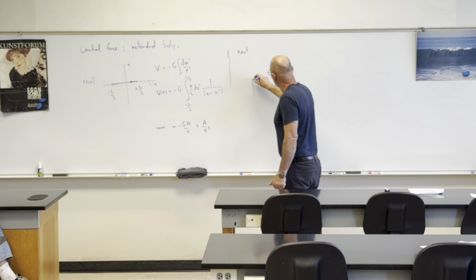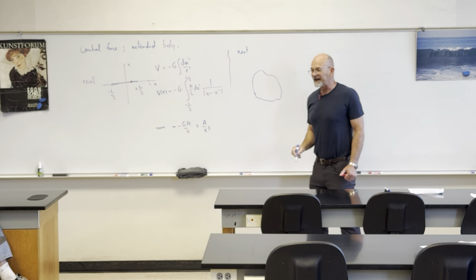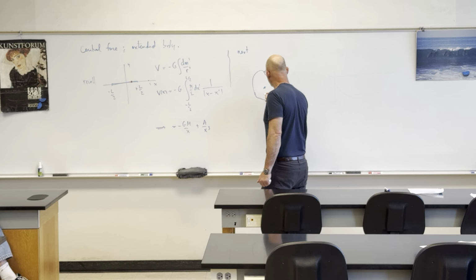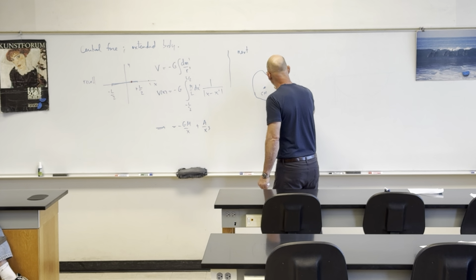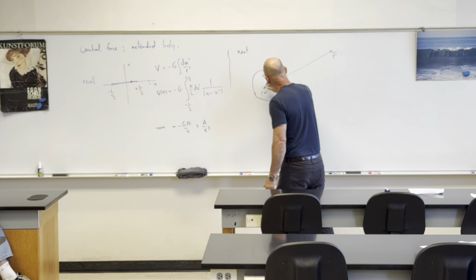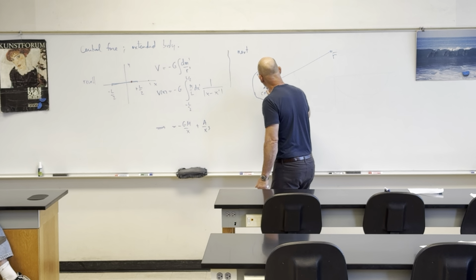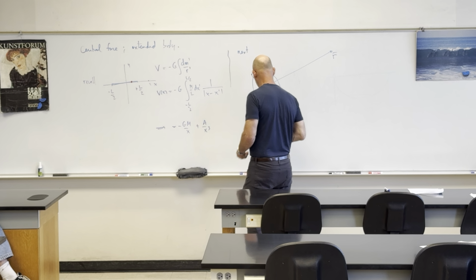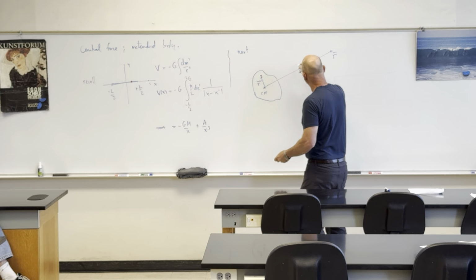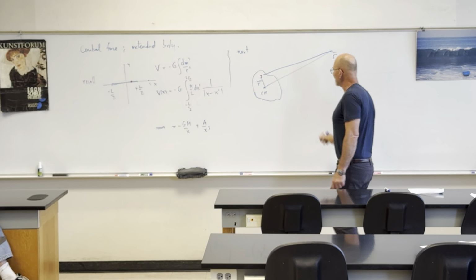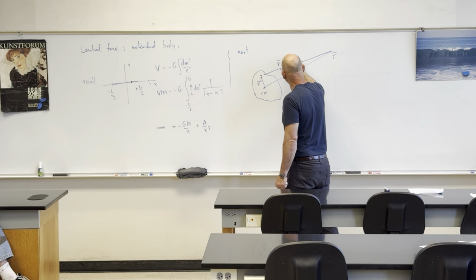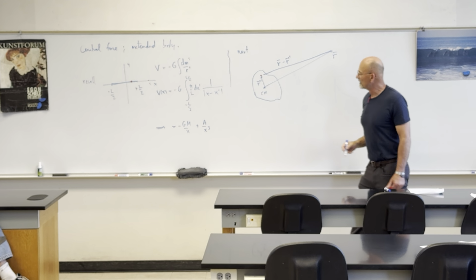So this time, we've got some extended body, and we're going to take the origin at the center of mass. And we've got an R out here. We've got some point here, which we're going to call R prime. Point mass there at R prime. And we're interested in this right here. So this is R minus R prime, the vector.